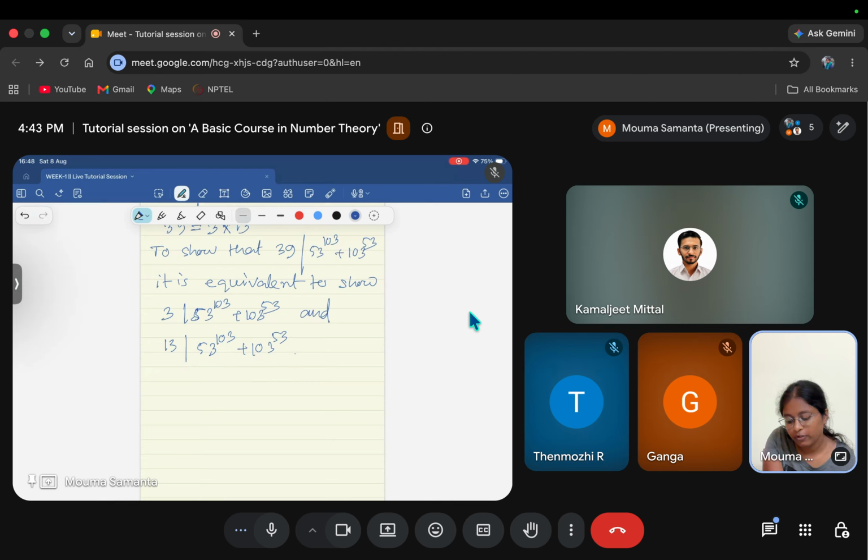Now 53 mod 3, what is that? 53 congruent to what mod 3? If you divide 53 by 3, what will be the remainder?